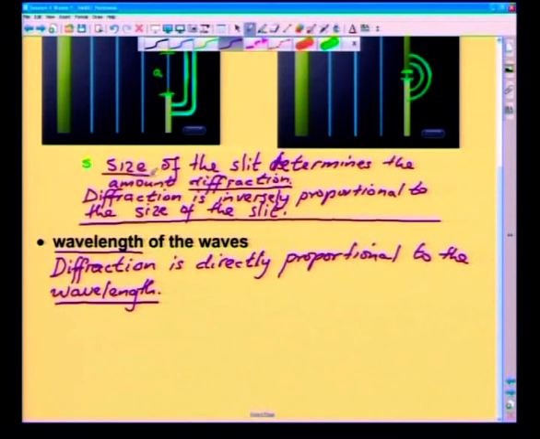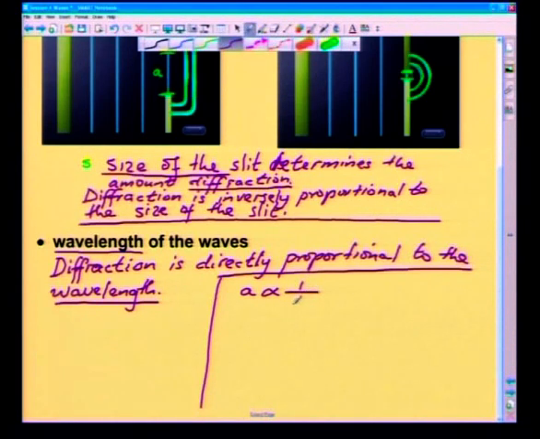Now, in terms of mathematical representation of this, we said that the size of the slit is represented by a. So if I use this part of my screen here to summarize what we have just seen, we can say that a is inversely proportional to diffraction.